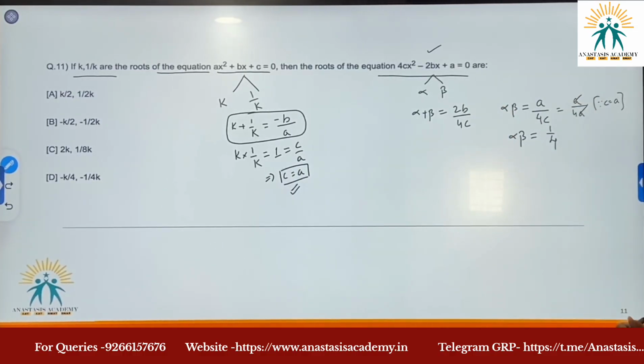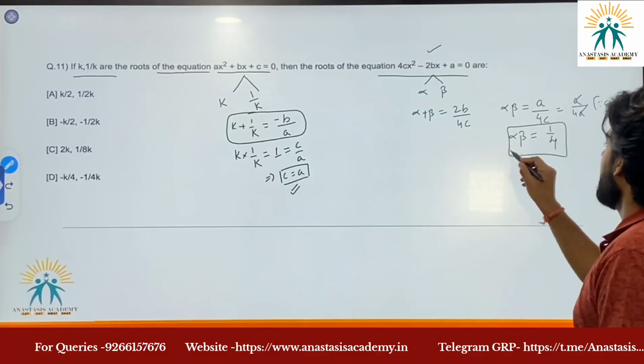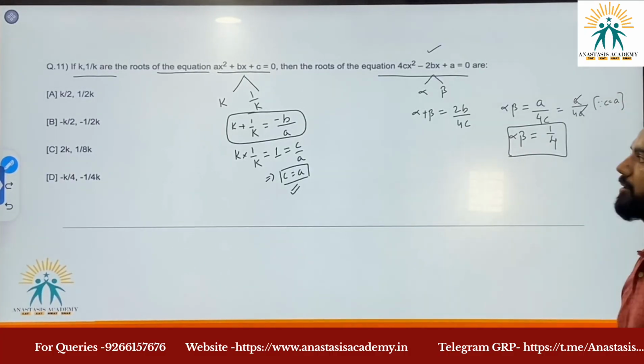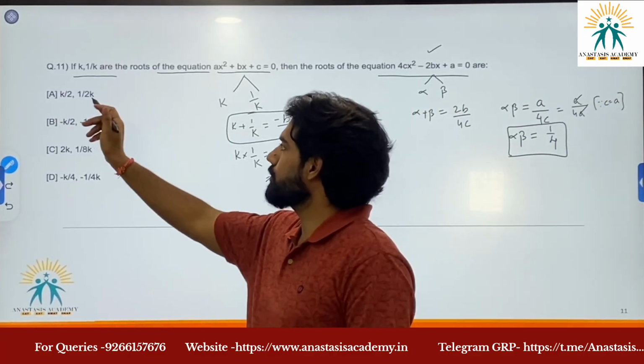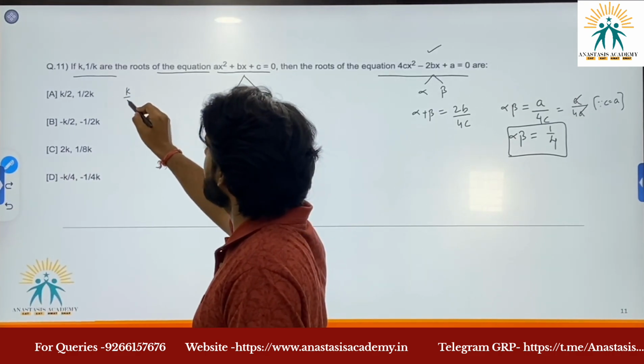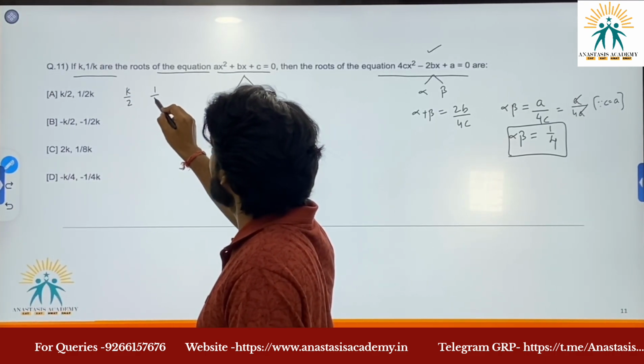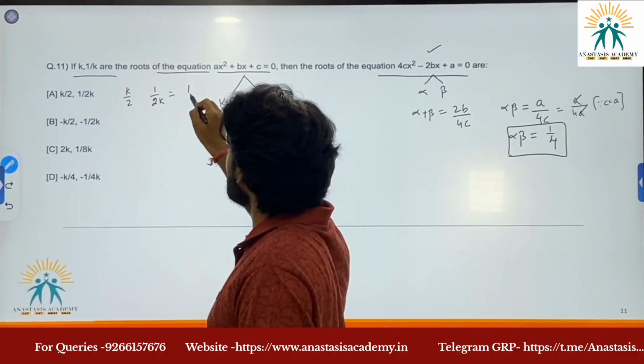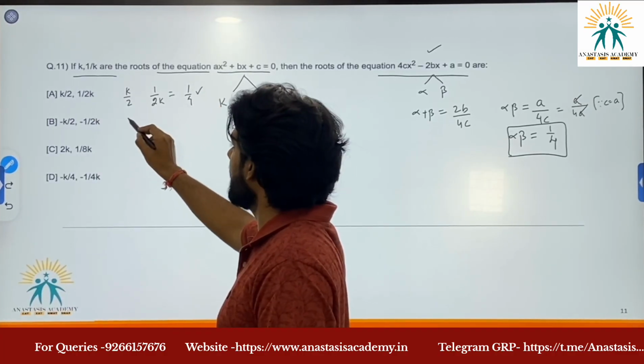Check the options. Which option satisfies that product of the roots is 1 by 4. So if I multiply these two roots, k by 2 and 1 upon 2k, the product of the roots is 1 by 4. Yes, it is satisfying.